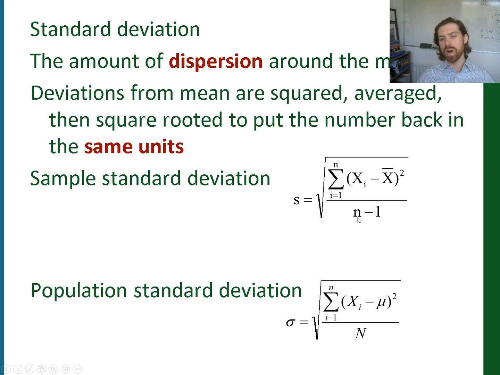The question is, why do we do n minus 1 when we calculate this differently for the total population? If we want to calculate the standard deviation for the total population, then we carry out the same math. It's very similar, except we just use the total number of entities in the population at large. So we do not subtract 1 from this value.